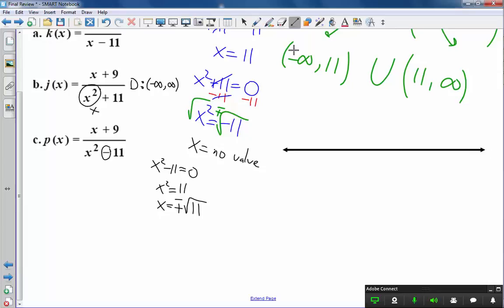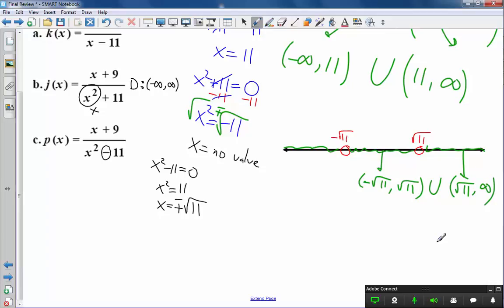Again, here is the demonstration of what's going on. Negative root 11 is somewhere here. Positive root 11 is somewhere there. This time you have 3 pieces, one in the middle, left, right. The middle one is easy. It's negative root 11 to positive root 11. Unite the right side, which is root 11 to infinity.